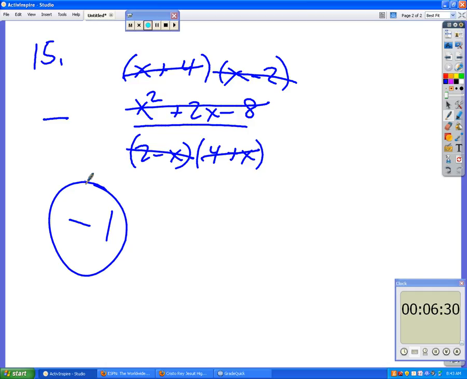So you have to factor, cancel. Remember, if they're exactly the same, except they have a negative and they're backwards, then you cancel and change the sign in front. If this was a negative, you change it to a positive. You change this sign. And then whatever's left is your answer.